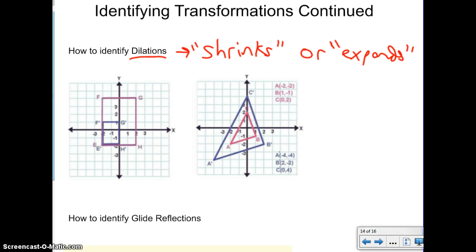So here, your first image is a small rectangle, and then all of a sudden, it gets bigger, right? So there's some sort of multiplication there. And then in this one, you have the big triangle, and then it becomes a little triangle, so it shrinks. But once again, it's facing the same way. There's no rotation, there's no flipping. It's just something shrinking or getting bigger.